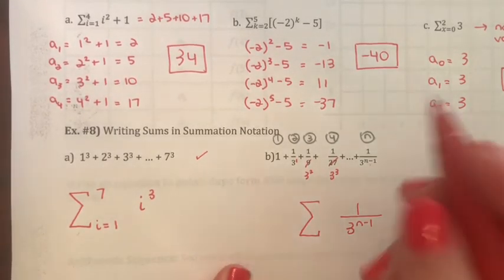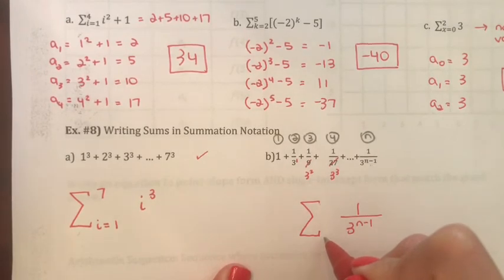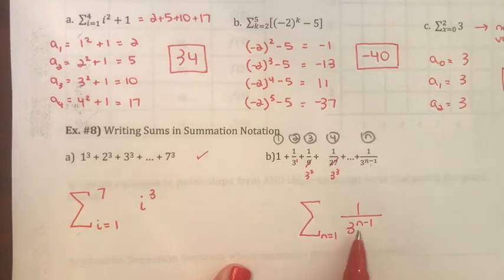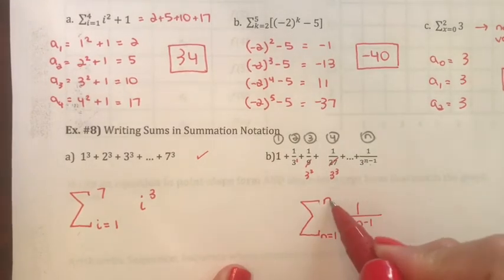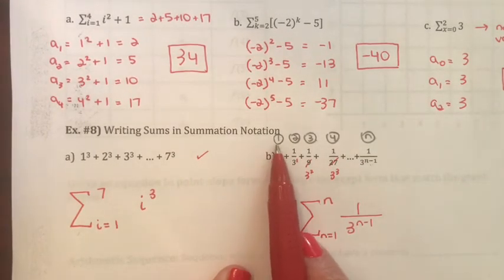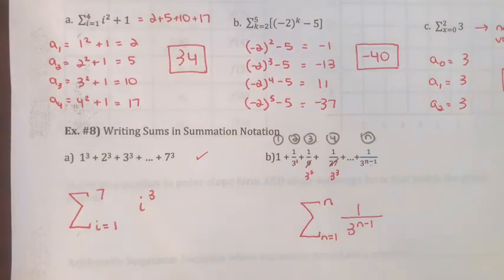And we're starting with 1. So let's call this n, because that's our variable. And we're ending with n, that's our last term. I started with the first term, I'm ending with the last term. Okay, so you're not always going to have numbers. Sometimes you'll have variables in there too.